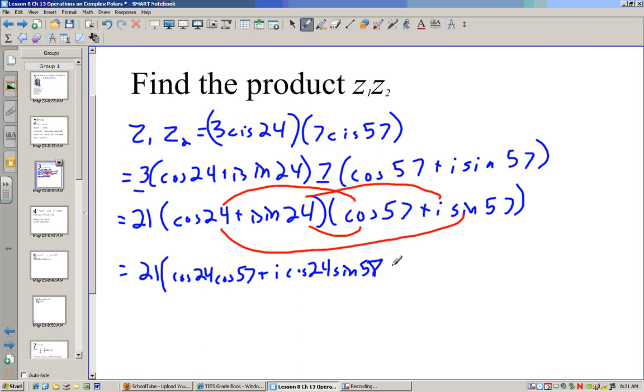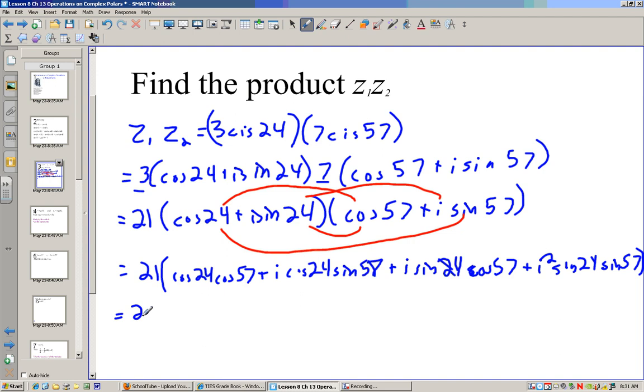And the insides are going to be i sine 24 cosine 57. And then our lasts are going to be i times i, which is i squared, sine 24 sine 57. Whew. It's a lot to write.